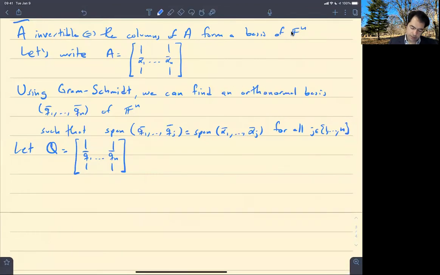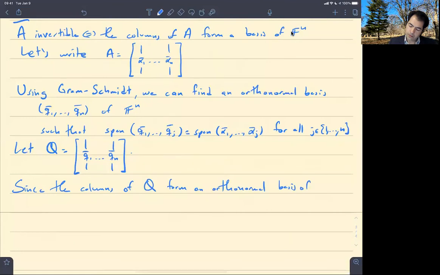Since the columns of Q form an orthonormal basis of Fn, our first proof of today's lecture tells us that Q star Q is equal to the identity, right?